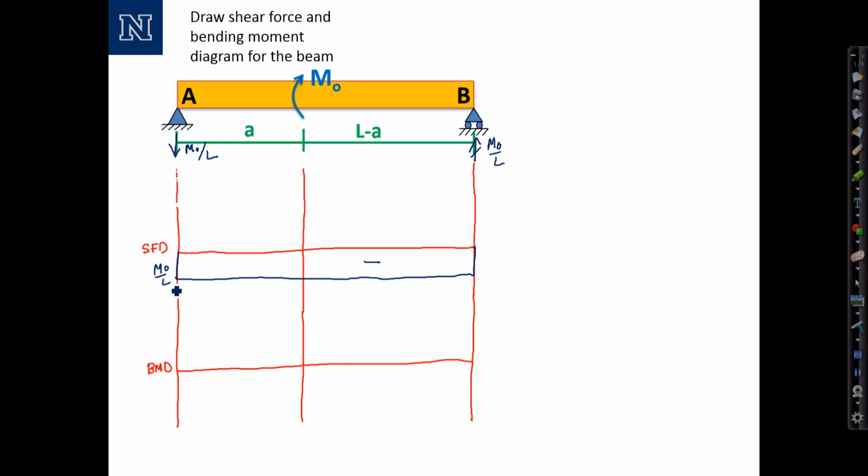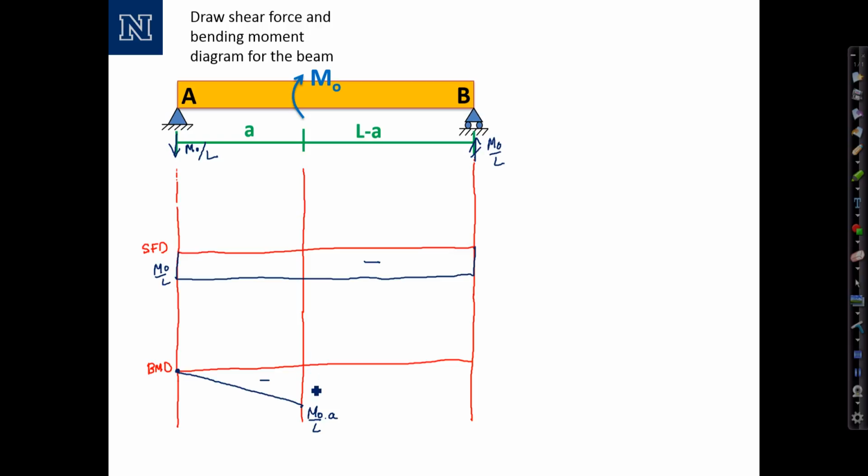The moment diagram, however, looks a little bit different. There's no moment at the end, so it starts out at 0. Because the shear is negative, the moment is decreasing. And the value at a is simply equal to M naught over L times a. This is negative, but I like to just sketch the magnitude of the moments for consistency.